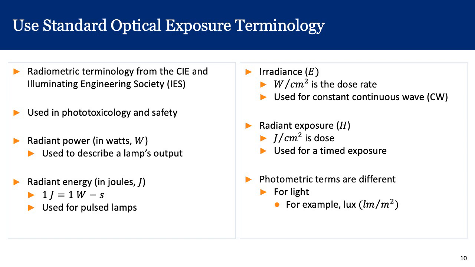Radiant exposure then is the irradiance multiplied by the time in seconds, and that's expressed as joules per square centimeter and often referred to as dose. And there are other quantities for specifying light levels, normally lux, which are lumens per square meter, and that's only useful for describing visible light.